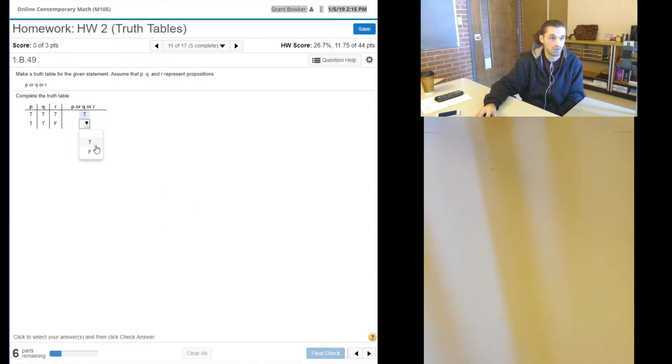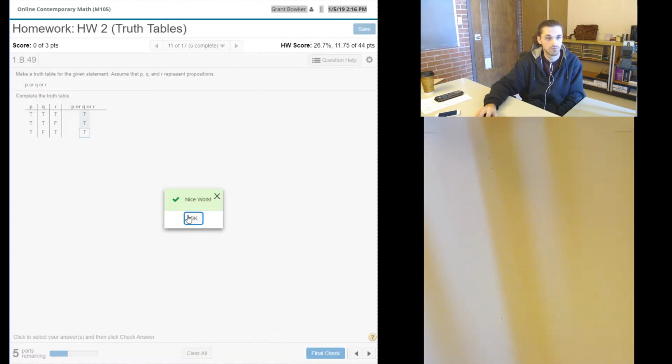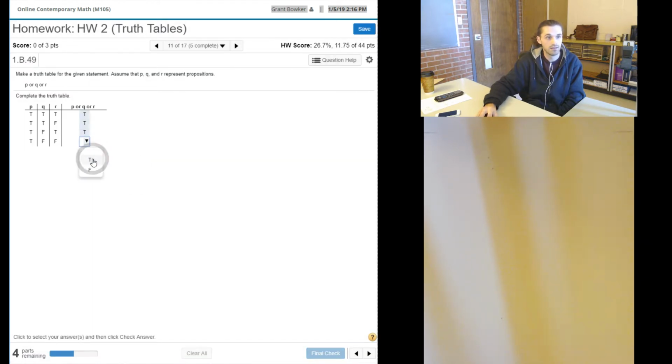Here we have at least one true, so the OR statement is true. Again, at least one true, so the OR statement is true. So keep in mind, the only way for an OR statement to be false is if all the pieces are false.